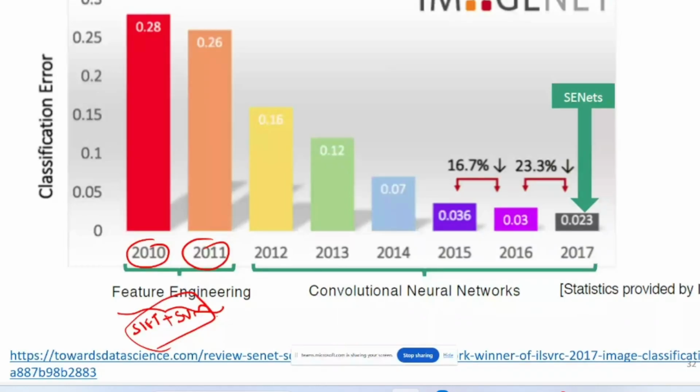In 2010 they got 28% error. An error of 28% means that out of the 1 lakh images, 28% of images are misclassified. Next, in 2011 they used the SIFT plus SVM approach, and the error was reduced by only 0.2%. Okay.